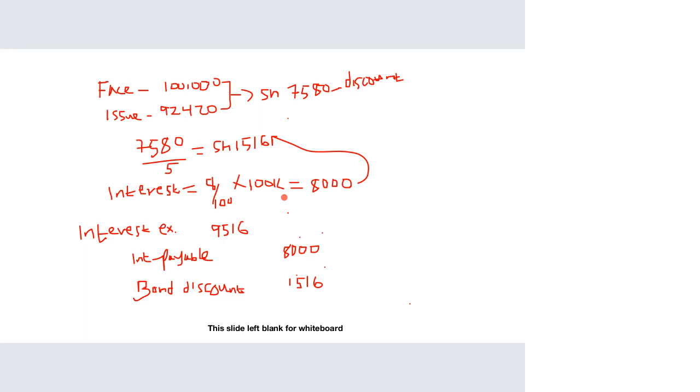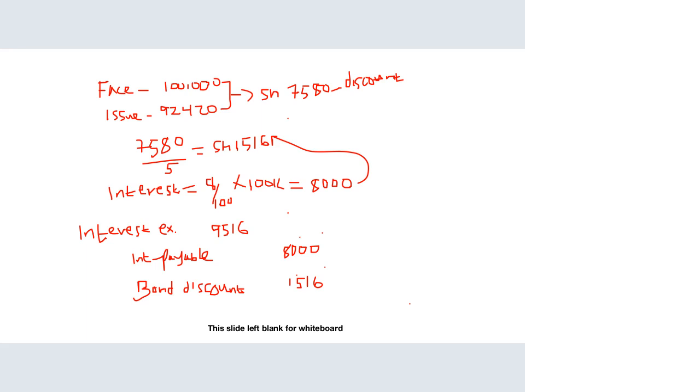We are still in illustration 1, and I want us to move slowly so that we understand the concepts of bond amortization using the straight line method. So if there is no question, then I think we can move on.